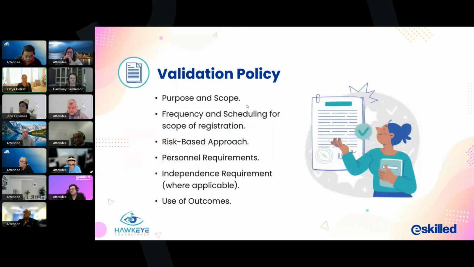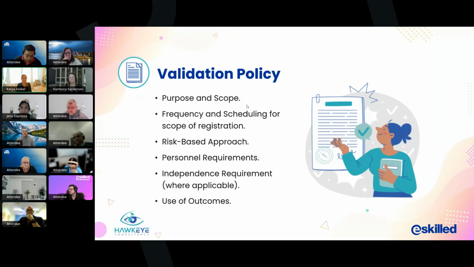So the validation policy, I would recommend that the validation policy provide a purpose and scope if you're going to implement one. It talks about the frequency and the scheduling, and that's in line with your actual scope of registration. That's to make sure that we're meeting that 5-year cycle that Harmony mentioned earlier, the main change that has occurred around that frequency.